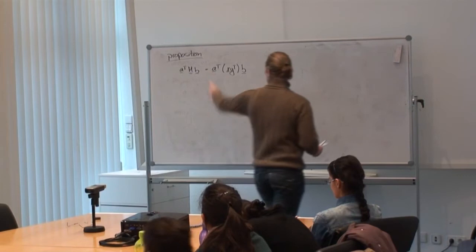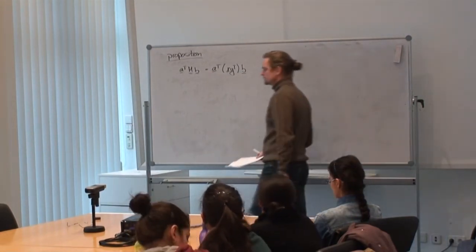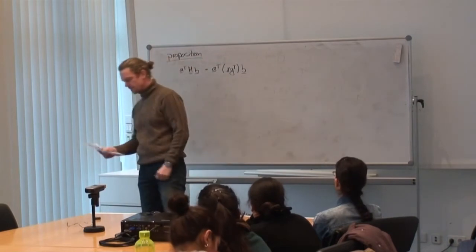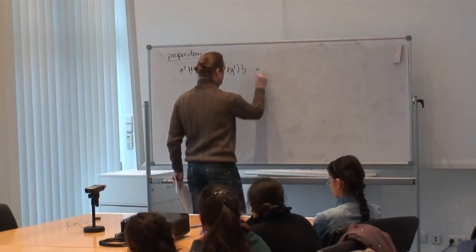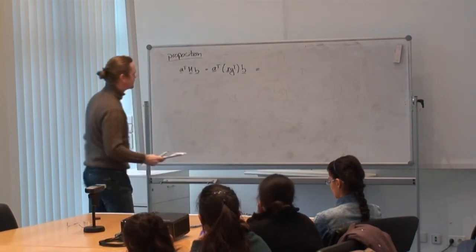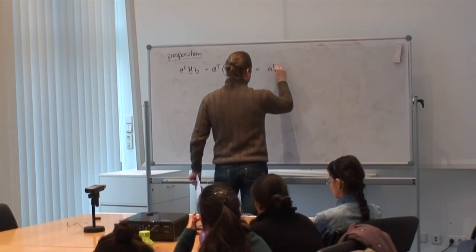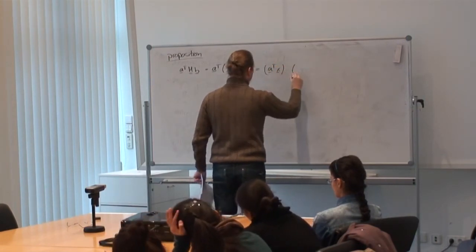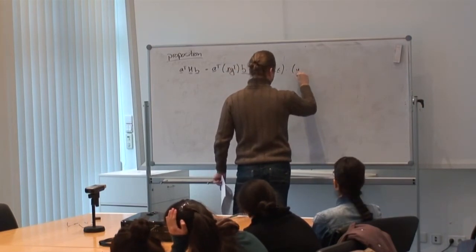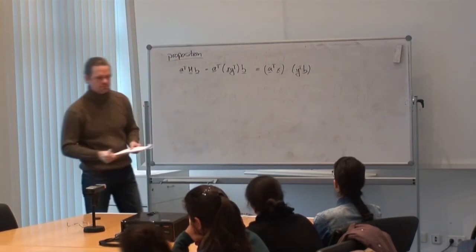And if this matrix is of rank 1, or is the outer product of two vectors, then, and this is the proposition, all of this can also be computed as A transpose times X times Y transposed times B.